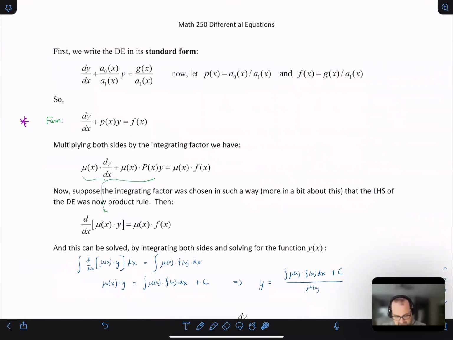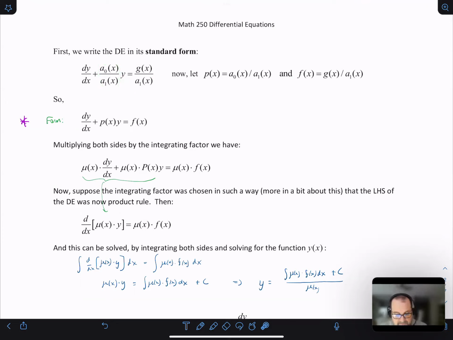Basically here, to make this work out, we first write our dE in something called standard form. It takes our original dE at the top of the first page, and we divide everything through by a1 of x. Then I have a function in front of the y, and another function on the other side of the equal sign.